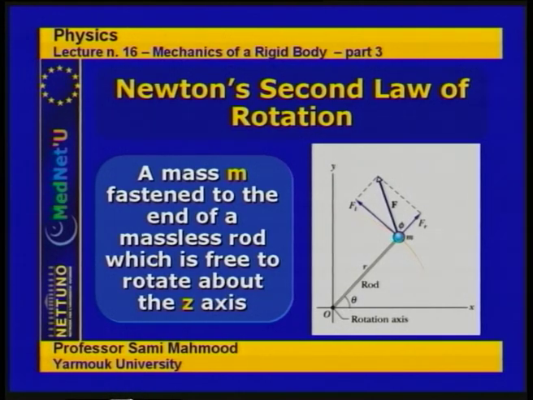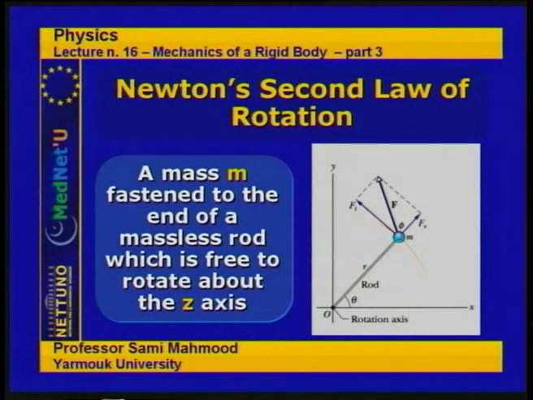Now if we look at this force applied to the particle directly and assume that the angle between the direction of the force and the position vector of the particle itself is phi, then the force F can be resolved into two components. One component is F times cosine phi, which is along the rod, and it's like pulling the particle away from the pivot point.